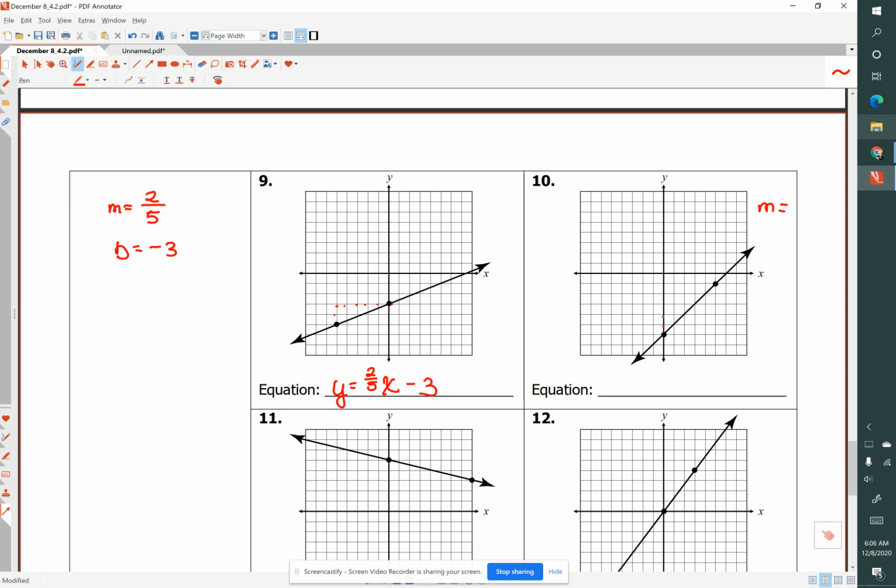We have 1, 2, 3, 4, 5 over 1, 2, 3, 4, 5. 5 over 5 equals 1. So our slope is 1, and our y-intercept is -1, -2, -3, -4, -5, -6. So remember, when we have a 1 as a slope, that becomes an invisible 1. So y equals x minus 6.